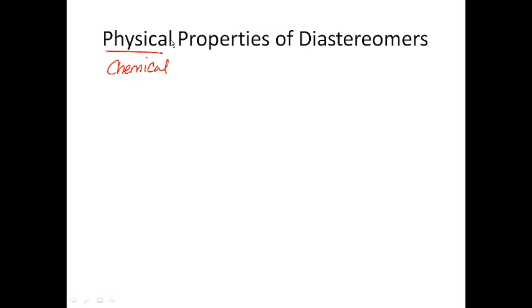So what are the chemical and physical property differences of diastereomers? Well, this is easy. The diastereomers are basically different molecules.